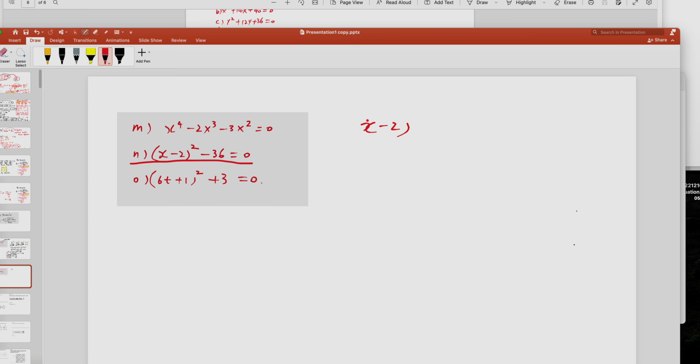So this one. Can you see 36 is what square? Or maybe you don't want to do it this way. Never mind. Just do it the stupid way.